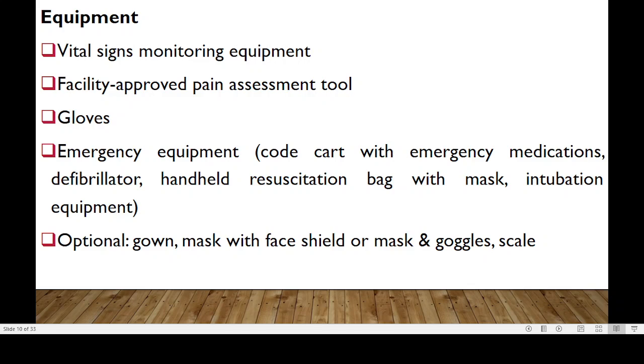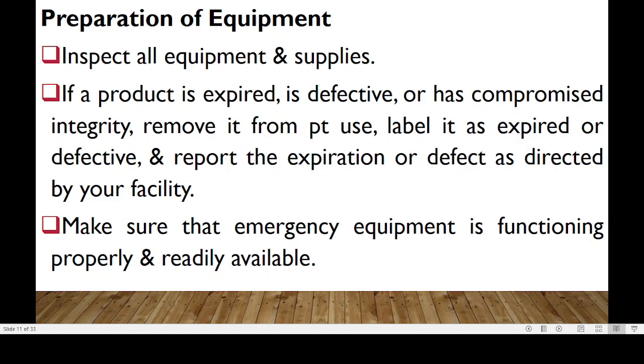We also have a handheld resuscitation bag and mask, or the Ambu bag, to give rescue breaths, and we have the intubation tube, especially for patients who are not able to manage their own airway. Optionally, you could have gowns, masks with a face shield or masks with goggles, and the weighing scales.